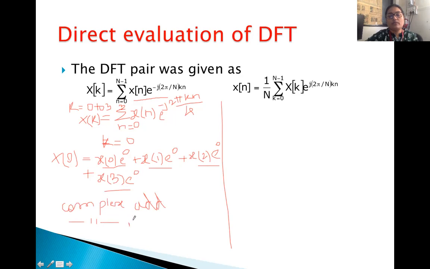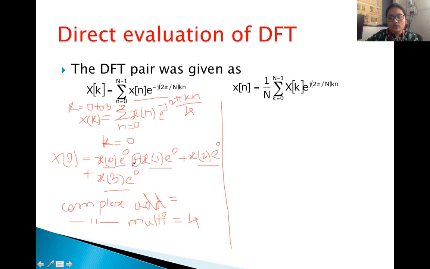So we will count it and then we will write it for n point DFT. Now in this case we will be writing it for 4-point DFT. So here now complex multiplication we will talk about. This is 1, this is 2, this is 3, and this is 4. So how many multiplications I have to do here? 4 complex multiplications I have to do.